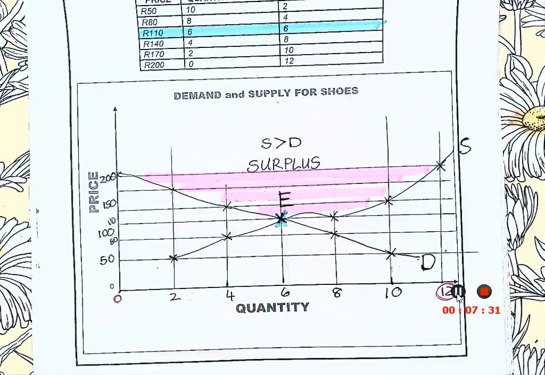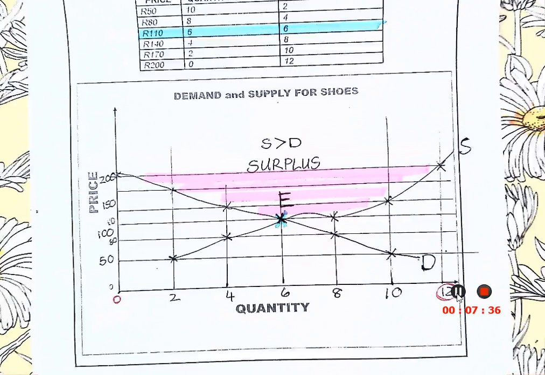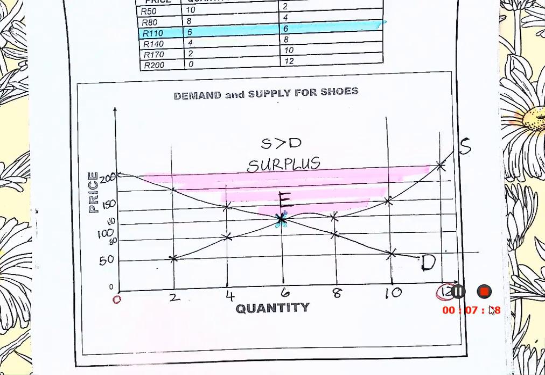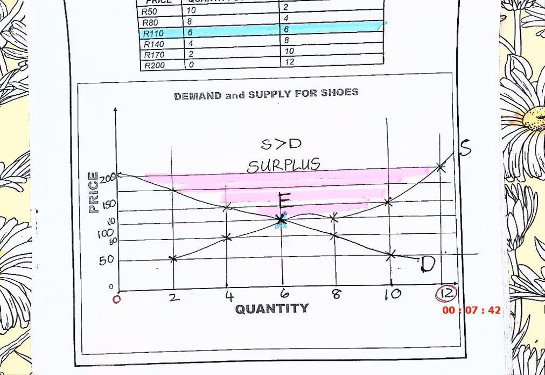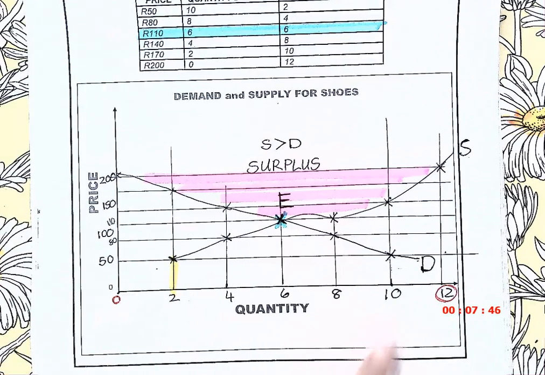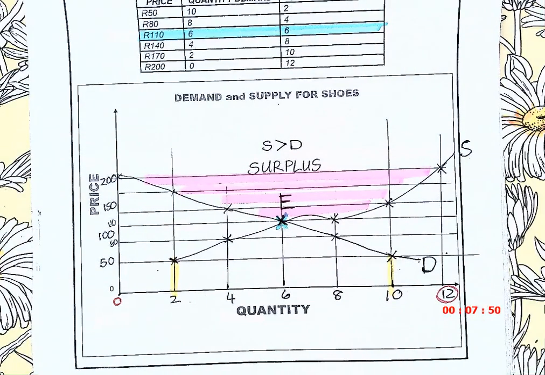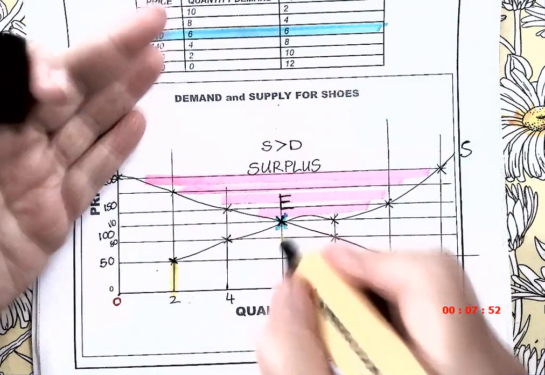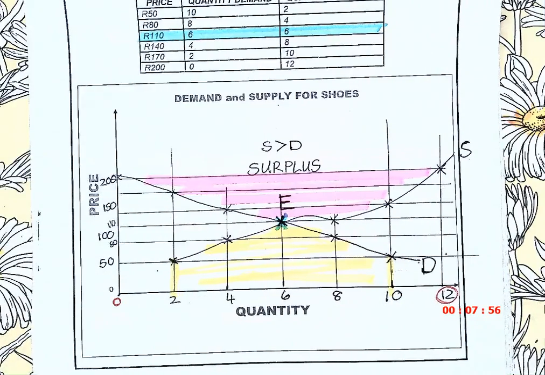Now, let's look downstairs. At 50 Rand, can you see my supply is 2, but my demand is 10? In other words, this is going to be a deficit or a shortage.